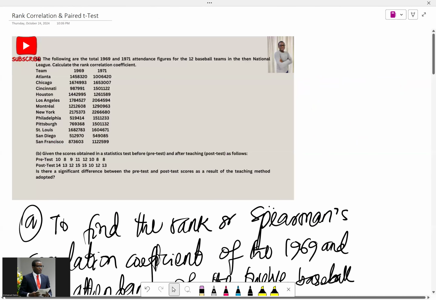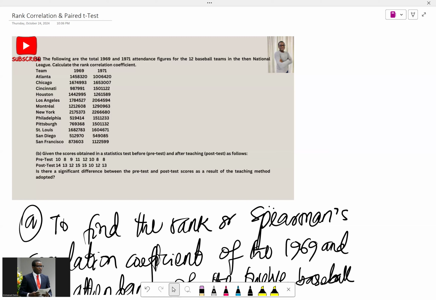Okay, so we have the next thing now. We have some scores obtained in statistics tests before and after the test, and we want to know, is there any significant difference? When I was doing the playlist on both parametric and non-parametric tests, if you look at this, the same set of people are tested under different conditions. So you already know it has to be a paired test, because you get values from the same sample at different time points.